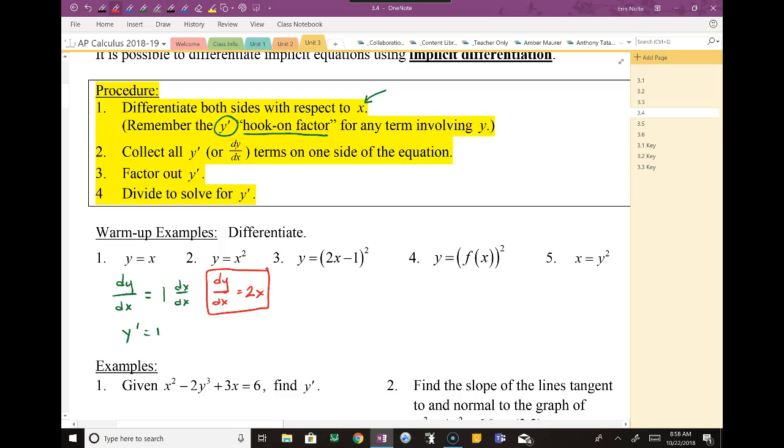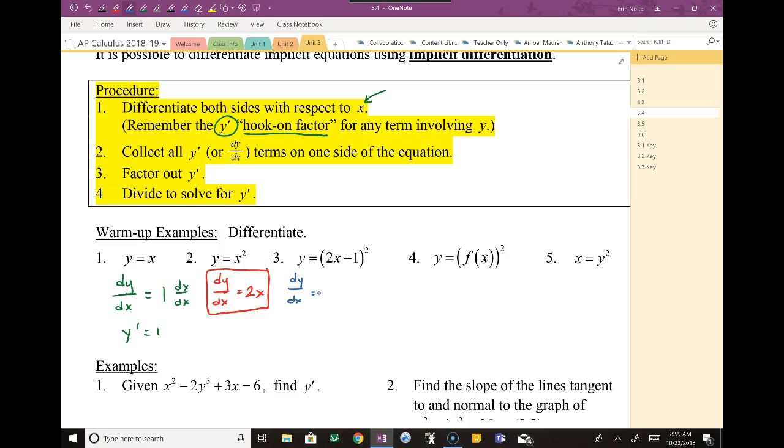What about number 3? How would you go about doing 3? Dy dx equals, so what rule are you doing here? We learned chain rule.